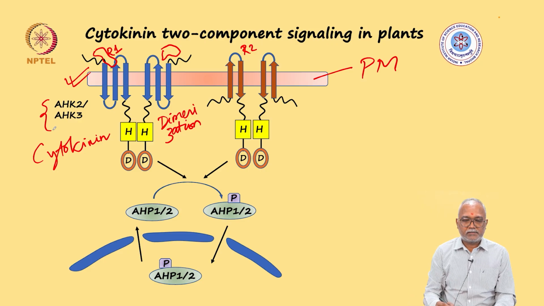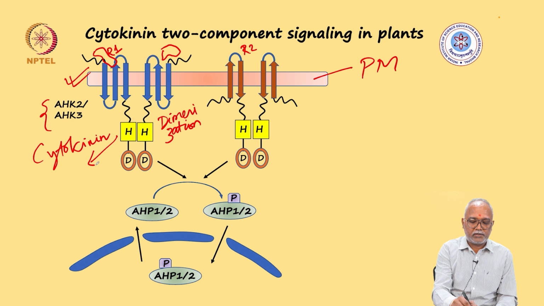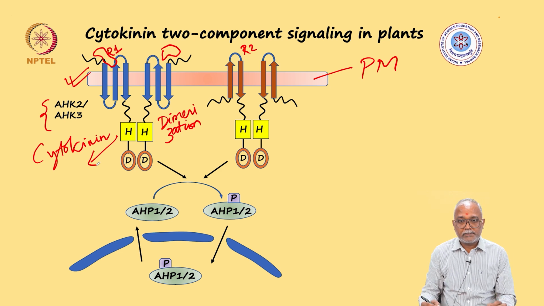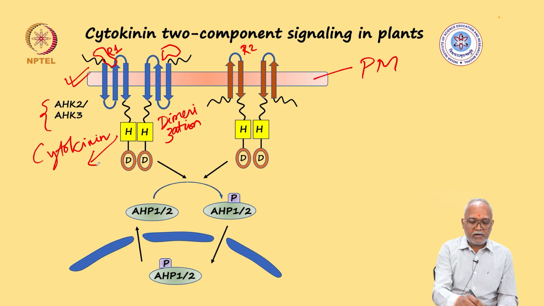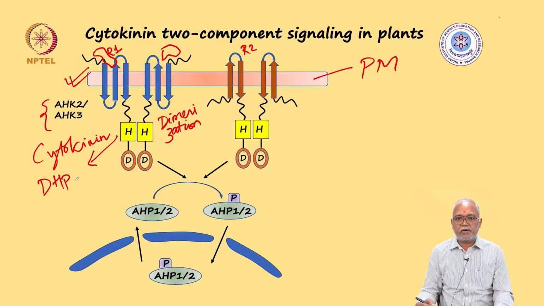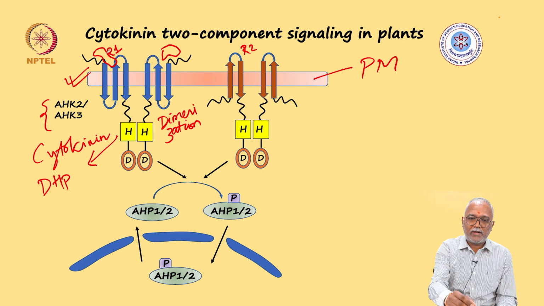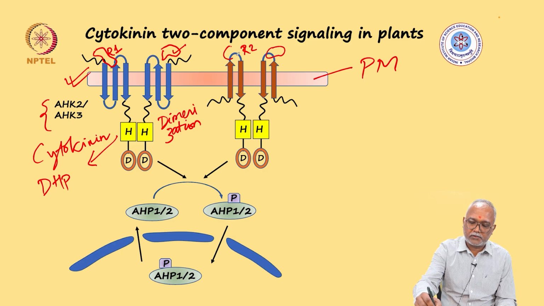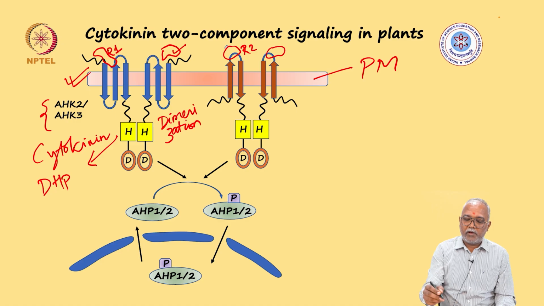They will dimerize. Also remember this domain which was internally present, where the histidine residue is found, is also called the DHP domain, dimerization and histidine phosphorylation domain. So what will happen is that once the cytokinin binds to this class of receptors or to this class of receptors, they will dimerize, and that dimerization induces the kinase activity.